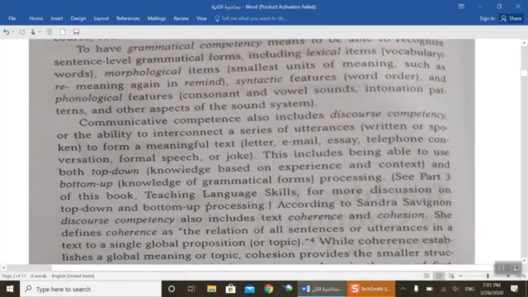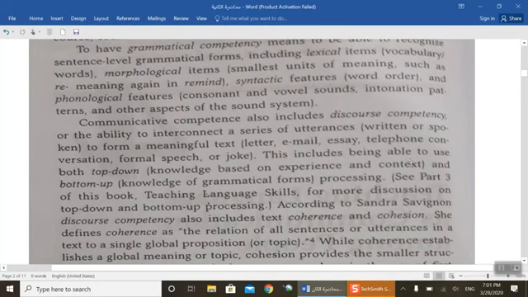This is what we mean by discourse competency. Here you have to have an ability to write or to speak: to write a letter, an email, an essay, a telephone conversation, a formal speech, or a joke.